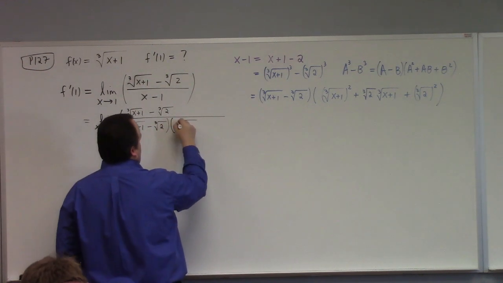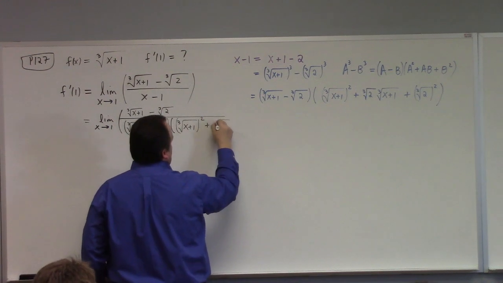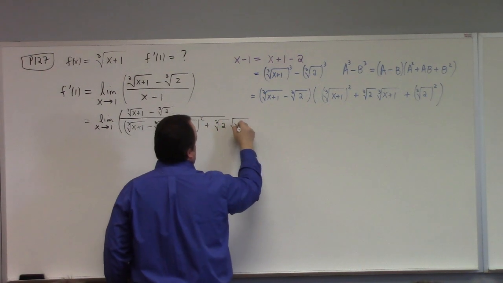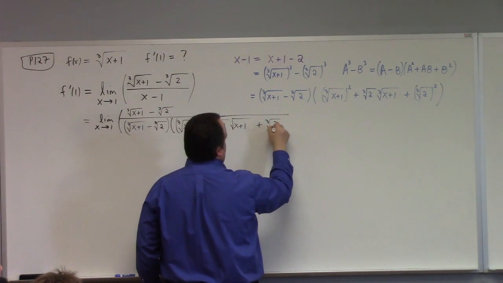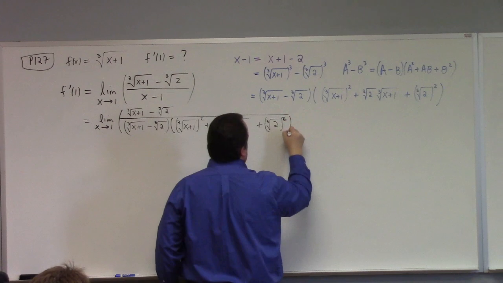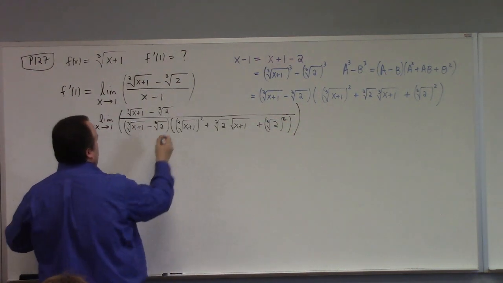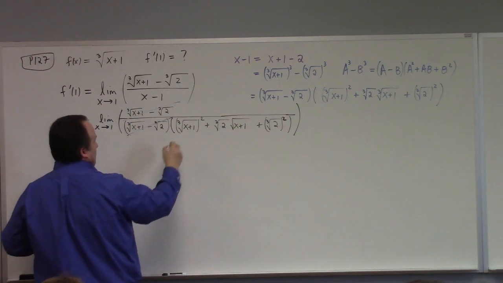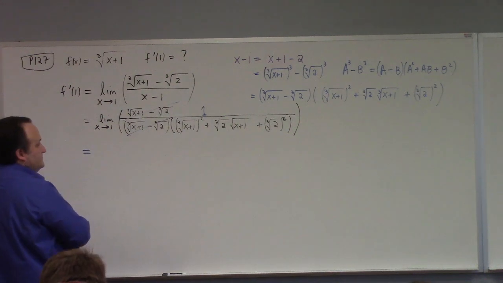And then we're left with this cube root of x plus 1 squared plus the cube root of 2 times the cube root of x plus 1 plus the cube root of 2 squared, right? So this leaves us a 1. And then you can just plug in 1. What do you get?